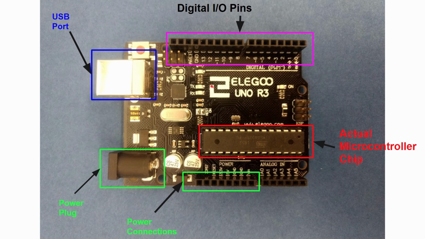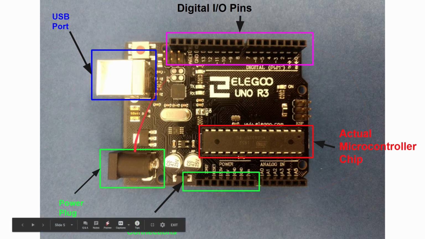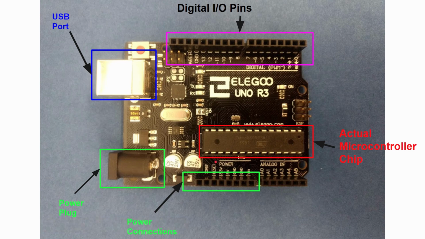Keep in mind, even though you aren't going to get these this semester because of distance learning, you will be able to do this in a simulator online, and it replicates all the features. Starting from left to right, we've got a USB port to connect to the computer. We've got a power plug so we can give this some power.